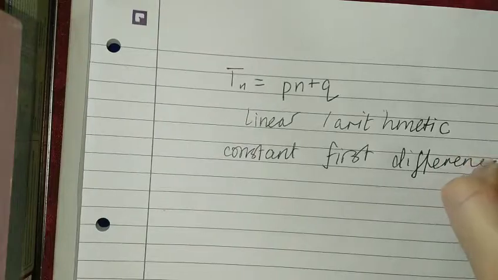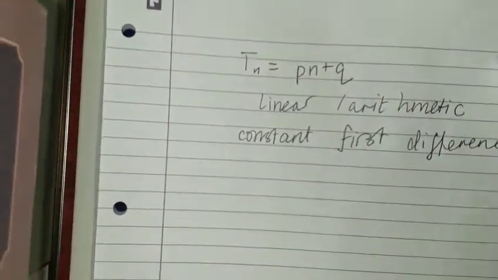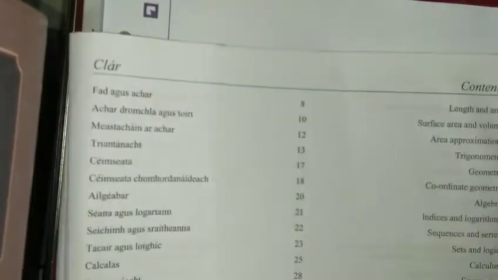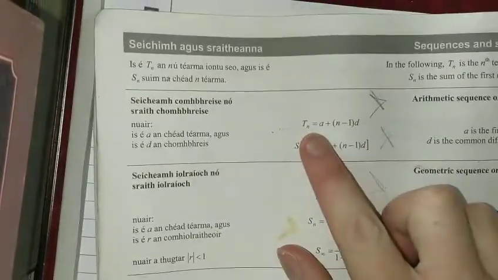So when I have a linear sequence, there is a formula to get the general term of a linear sequence, and it's in my log table. What I do first is I go to the page where I have all my contents, and then I go to sequences and series, which is page 22. And then it's this formula here.